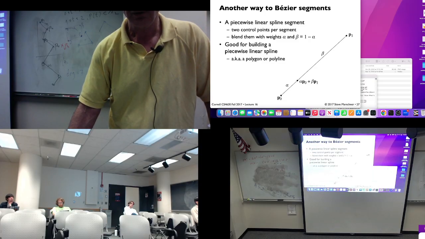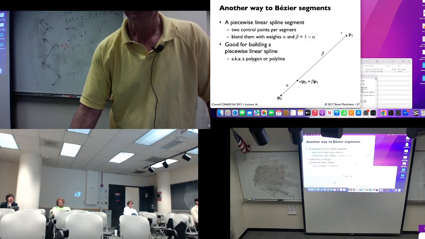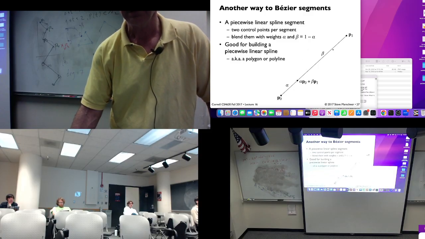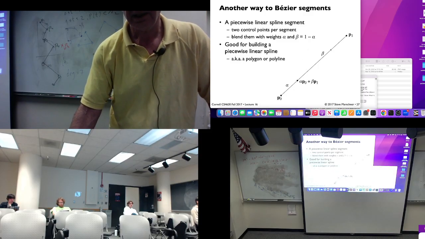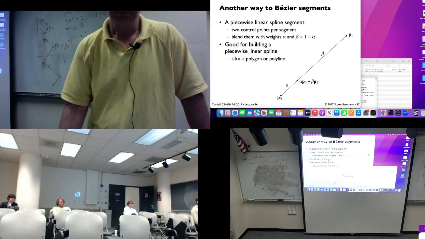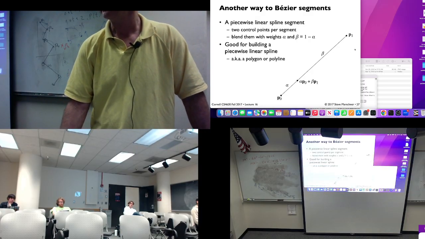How? Let's call this parameter alpha, the ratio of this parameter, that's t. Or normalize it so the length of the segment is 1.